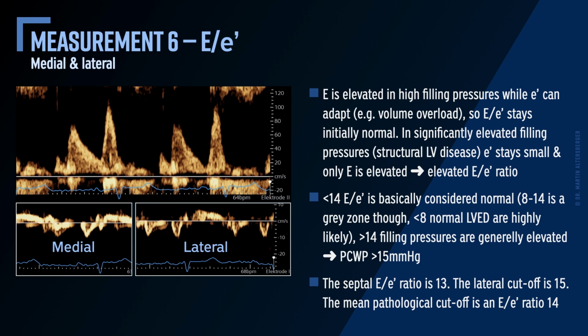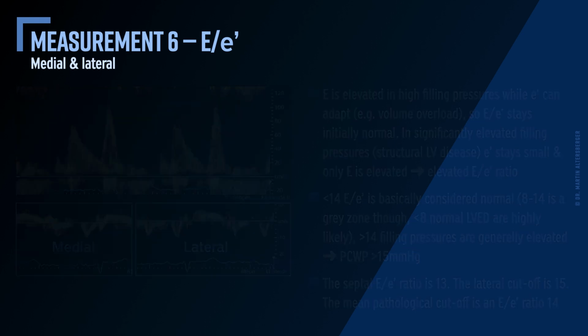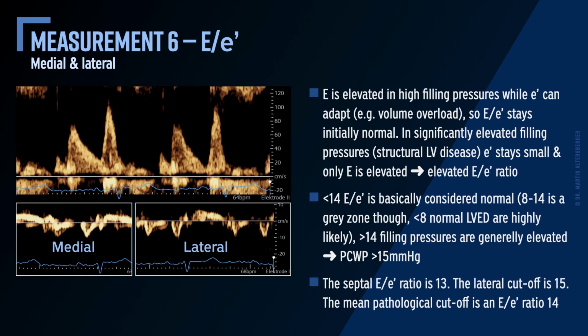To discuss the cutoffs, when you have a cutoff of medial and lateral below 8, E to E prime is basically considered normal. Whereas then 8 to 14 is still a gray zone, because we do not know if filling pressures are normal. In case of an E to E prime ratio, medial and lateral, the normal situation of left ventricular end-diastolic pressures are highly likely.